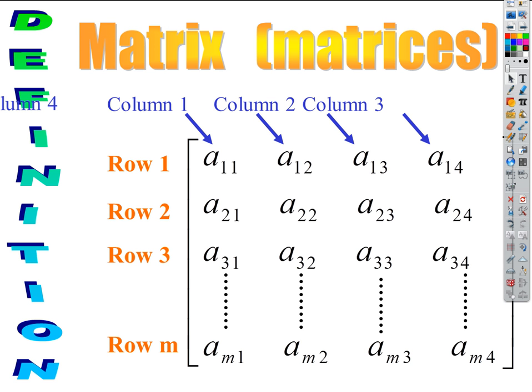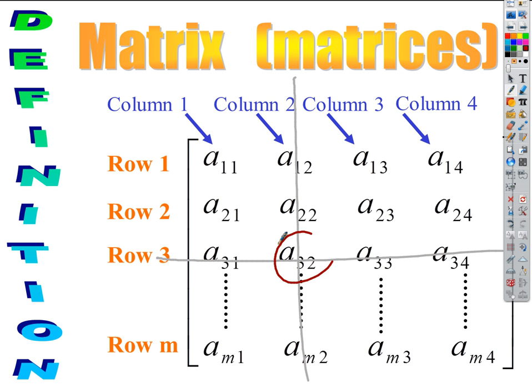So if this is row 3 and this is column 2, then where row 3 and column 2 collide, which is right there, we get the entry we call A sub 3, 2. Right? Row 3, column 2. That's going to be a number for you guys then, okay? So this is just sort of a generic template for what all matrices would look like.